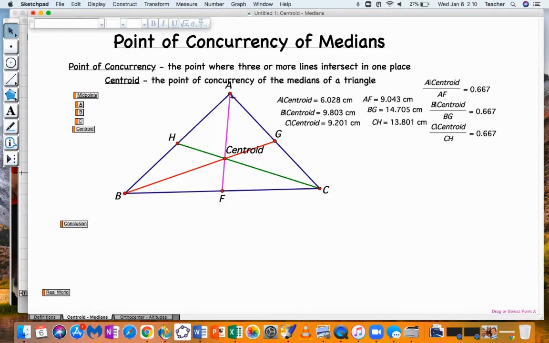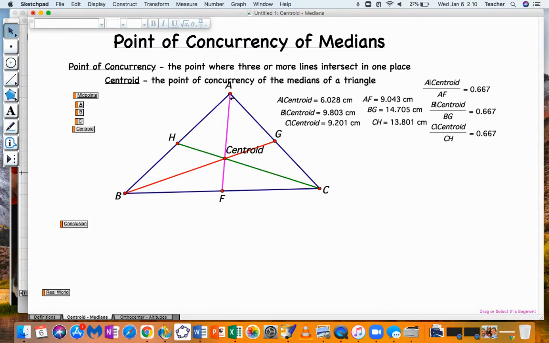From the vertex to the centroid is 2/3 of the way of the whole thing. Okay? And where we're going to need this is down the road a little bit when we talk about putting this in a coordinate plane. So we got to know the basics in order to do the coordinate plane.